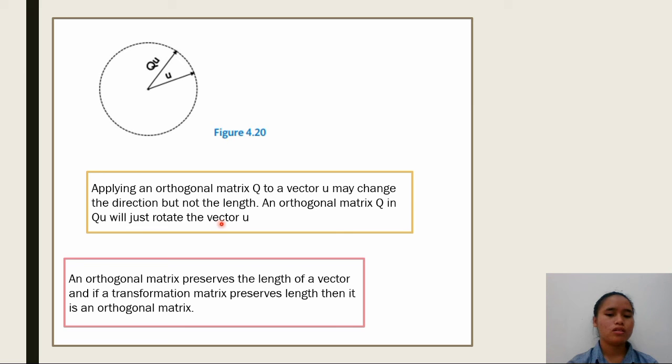An orthogonal matrix Q in QU will just rotate the vector U. So an orthogonal matrix preserves the length of a vector, and if a transformation matrix preserves length, then it is an orthogonal matrix.